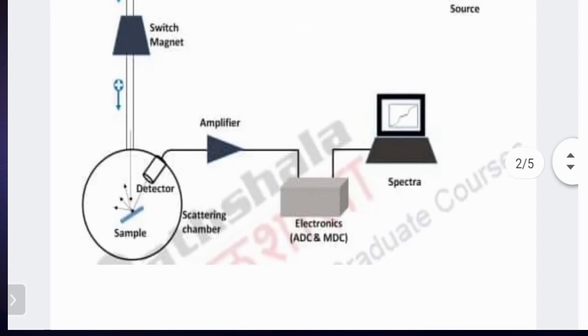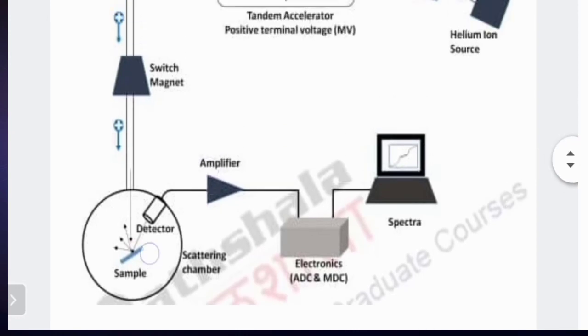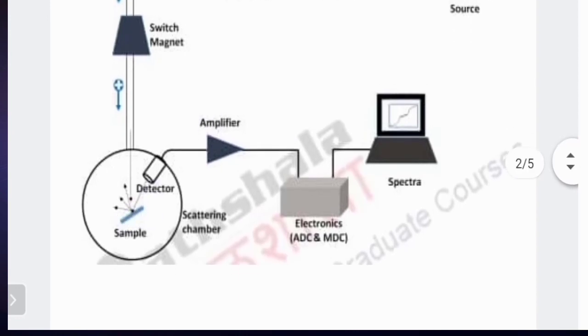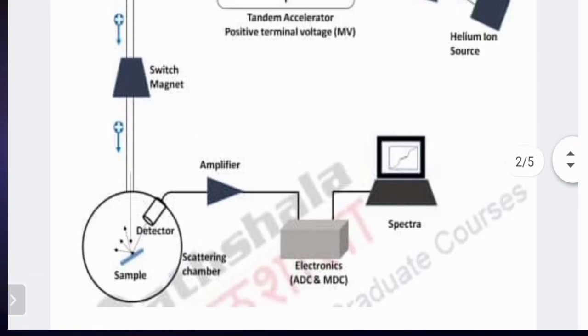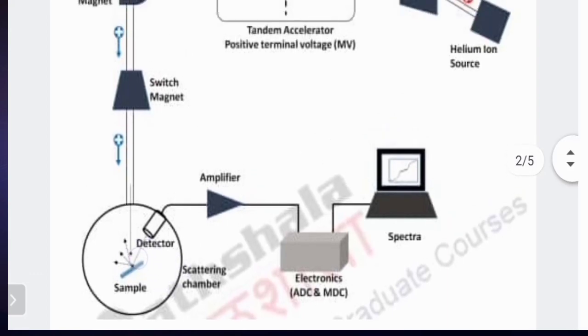Then the ions are incident on the solid sample, and we get backscattering of that radiation. A scattering angle of around 170 degrees gives the best result, so we place the rotating detector at 170 degrees and get the signal.